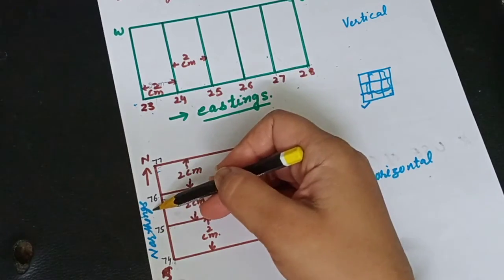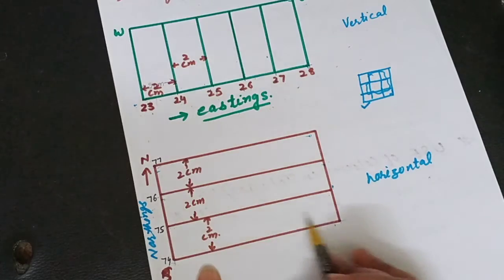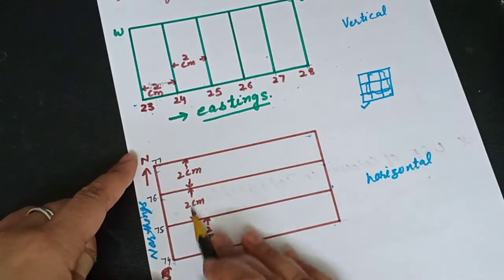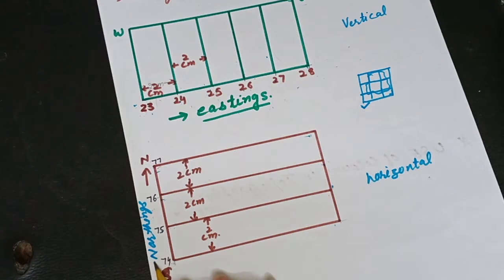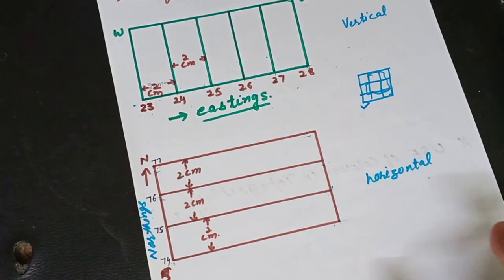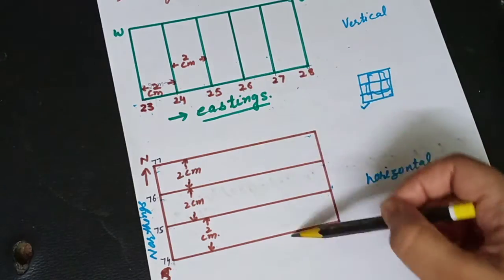So these are called northings. The distance between these horizontal lines is again the same. These are the latitudes.